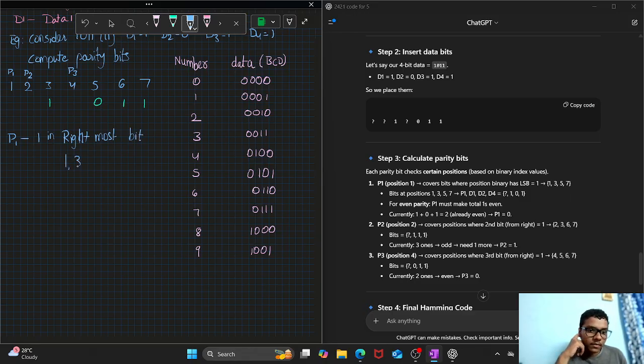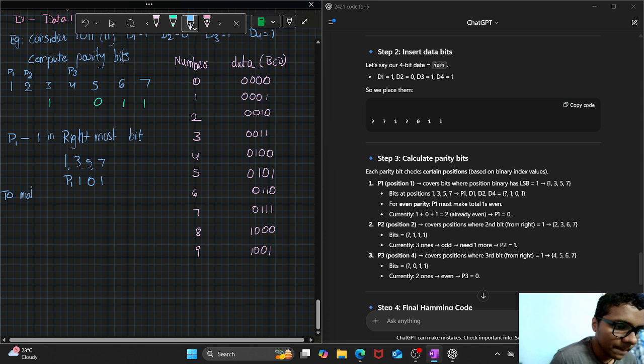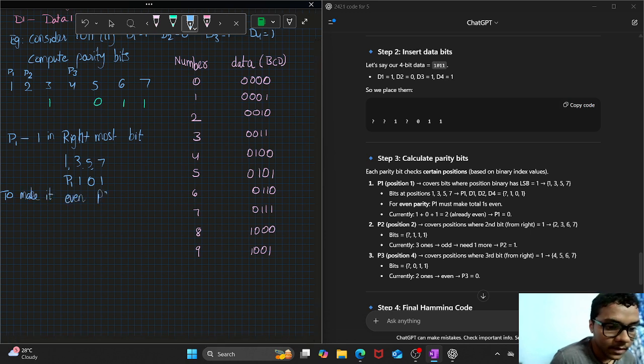That is for 1, 3, 5, 7. So position 1 is P1, and 3 is filled with 1, 5 is filled with 0, 7 is filled with 1. To make it even parity, P1 is equal to 0.